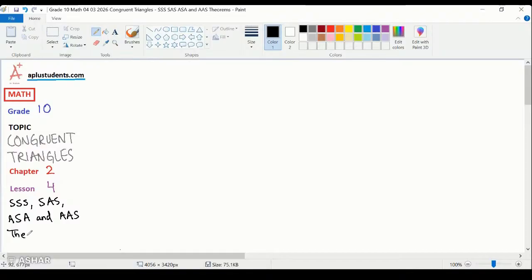Which property would be applied to the given questions?